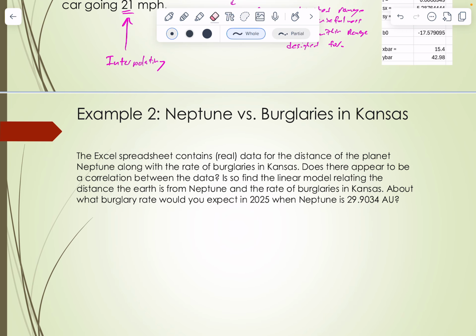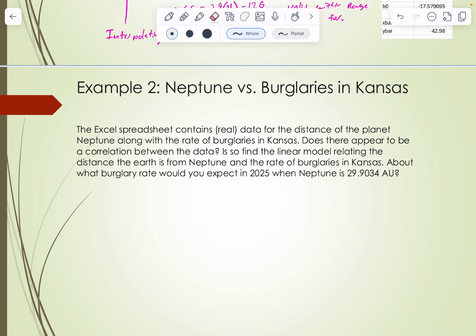Okay, let's go back to Neptune and burglaries. And so again, it asks us, does there appear to be any correlation between the data? And there appears to be a statistical correlation between the data. And so, if so, find the linear model relating the distance the Earth is from Neptune and the rate of burglaries.